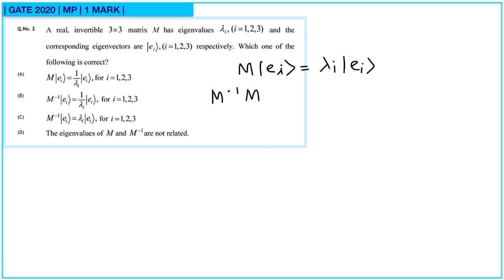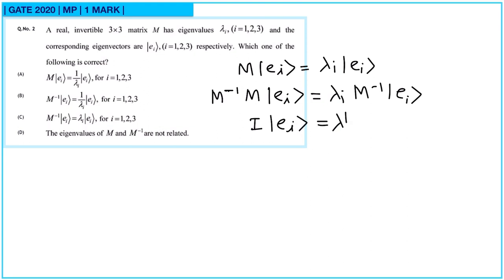So M⁻¹M ei = λi M⁻¹ ei, since λi is a scalar. So M⁻¹M will be the identity matrix. So identity matrix times ei is equal to λi M⁻¹ ei.